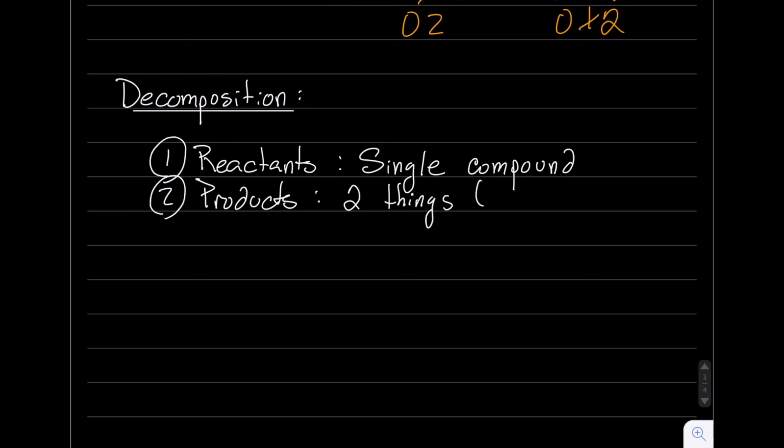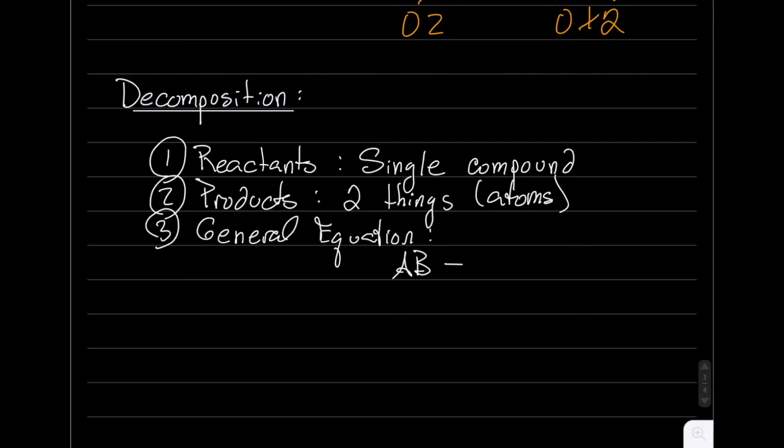For now, those two things are going to be two atoms. They're just going to totally break apart. So our general equation will be our compound AB, which breaks apart into A plus B. So you can see it's the exact opposite of synthesis reactions.